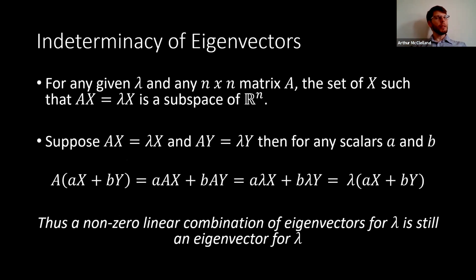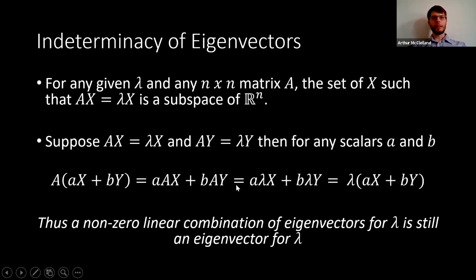So expanding just a little bit more, for any given lambda, any given eigenvalue for an n by n matrix A, the set of eigenvectors x such that Ax equals lambda x is a subspace of real numbers. And if we suppose that Ax equals lambda x and Ay equals lambda y, then for any scalars a and b, we could write A times (ax plus by).